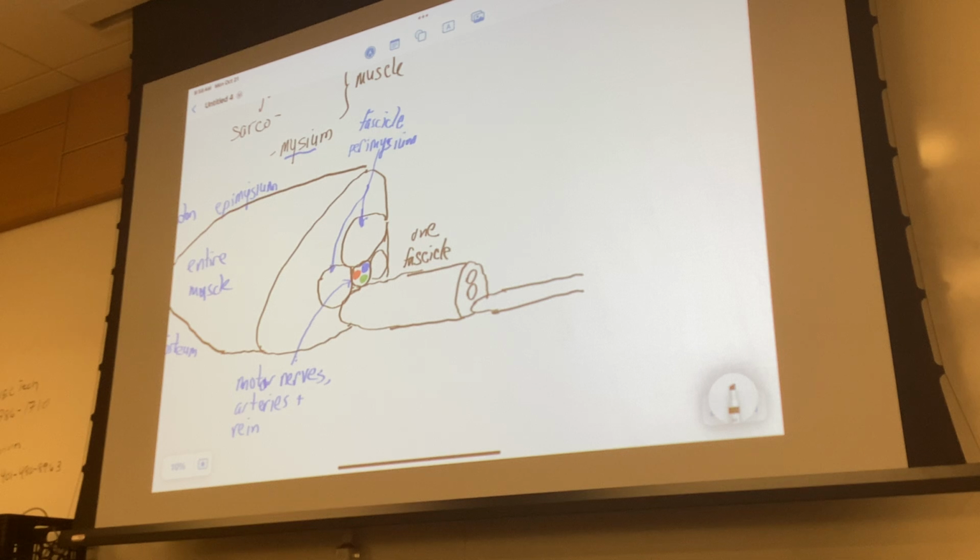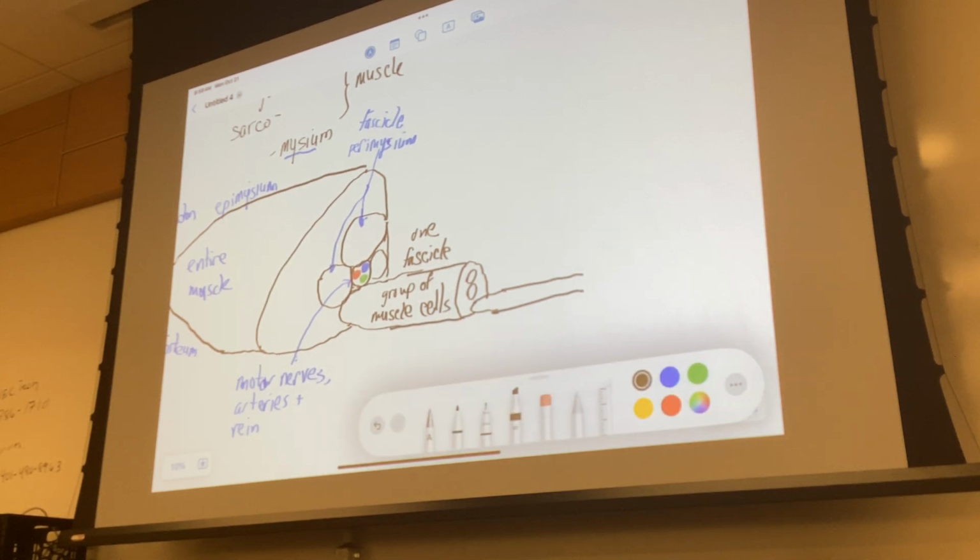So that one fascicle, which is covered by the perimysium, is a combination of muscle cells. There are a number of different terms that people have used over the years for muscle cells, and I'm not sure why there's such a rich vocabulary for something as simple as a muscle cell.